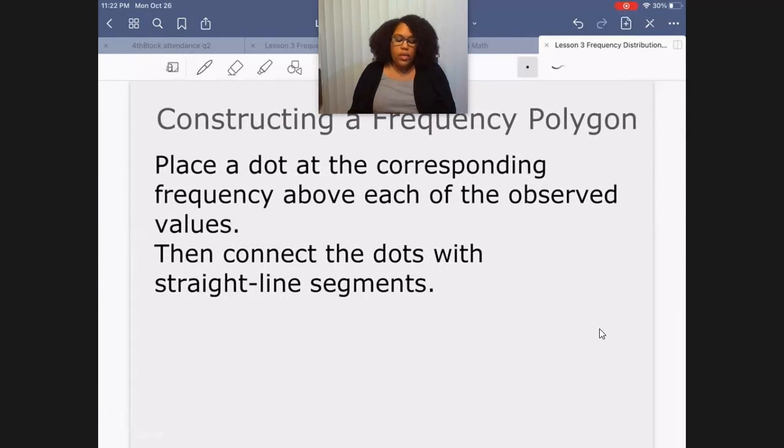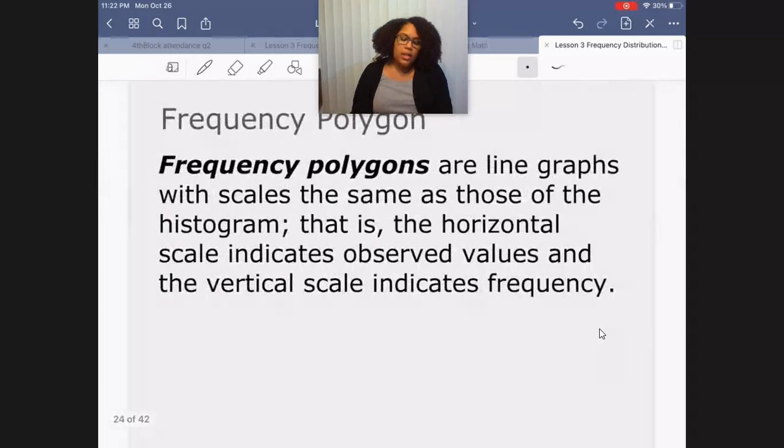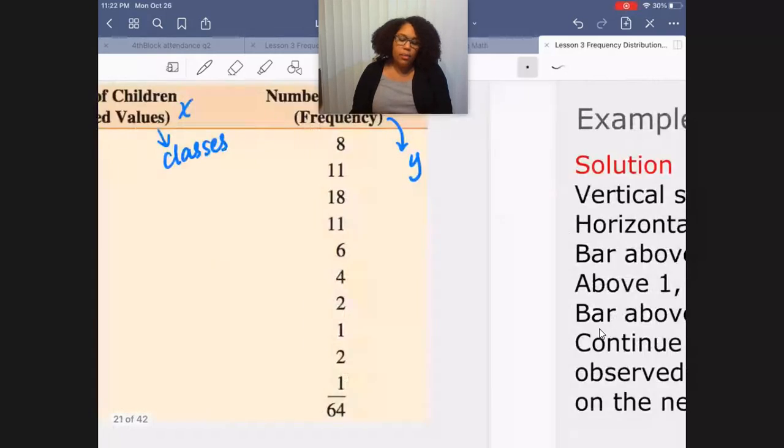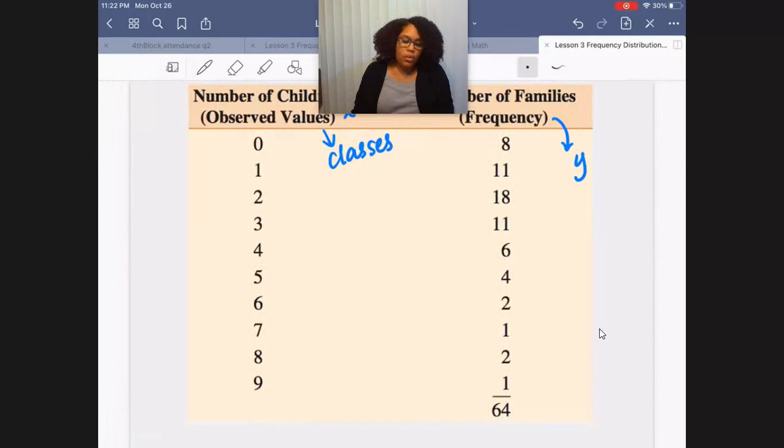What you're going to do here, though, is instead of making the height of the bar for your histogram be the frequency, we're going to place a dot at the corresponding frequency above each of the observed values. So this is going to look more like plotting points, or taking these particular values in our table and creating them into ordered pairs. So this is going to look more like plotting the point 0, 8.